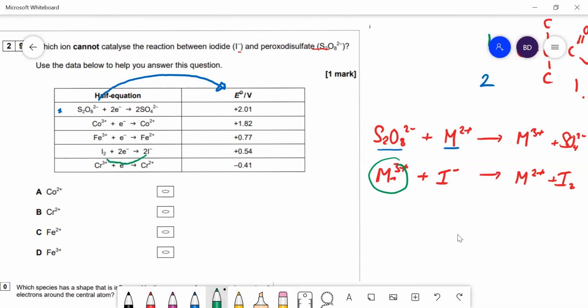Can chromium 3+ oxidize iodide? It can't. Let me think, sorry.